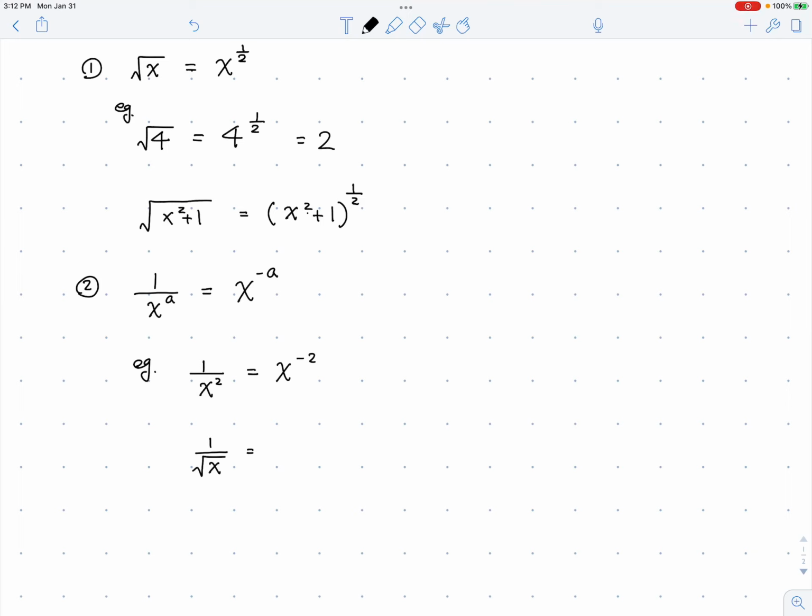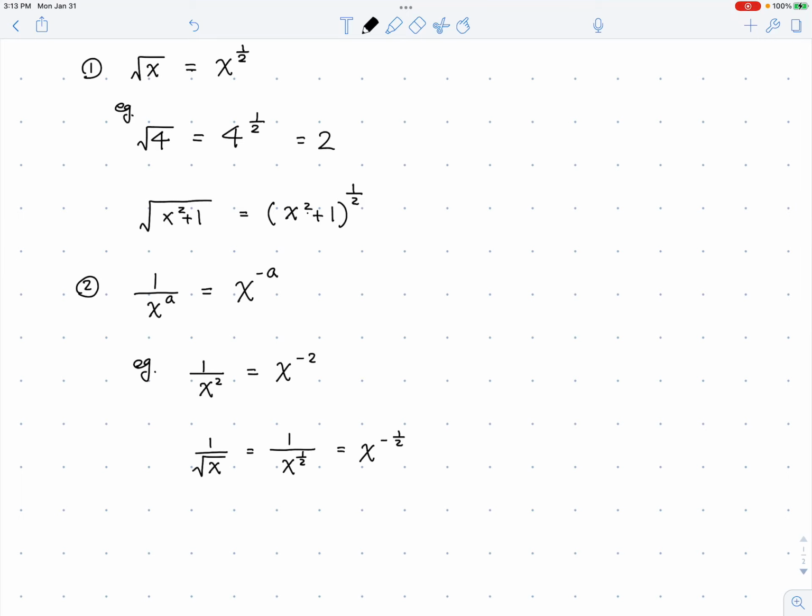Yes, because by the first formula, we know that the square root part is really just x to the 1/2 power. And then the second formula tells us, oh, when I see 1 over, this is the same as putting a negative sign in the exponent. So I know this is x to the -1/2.